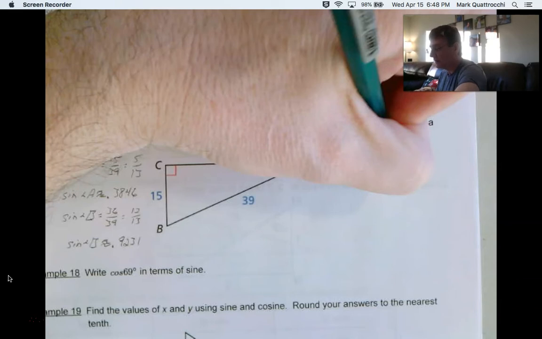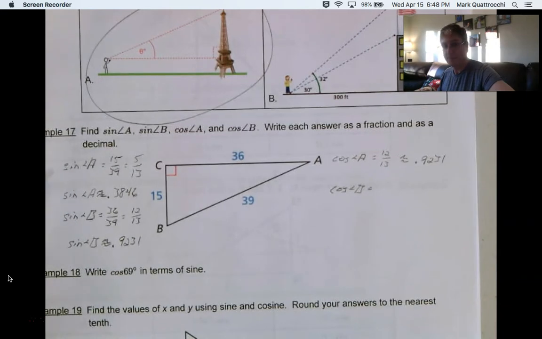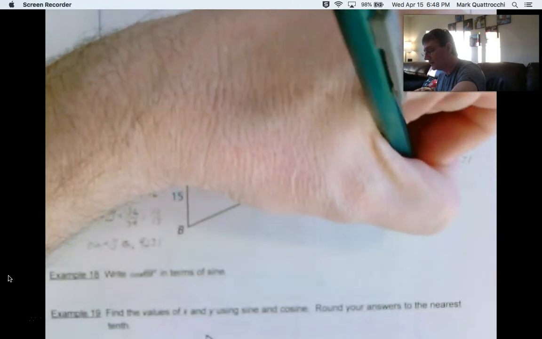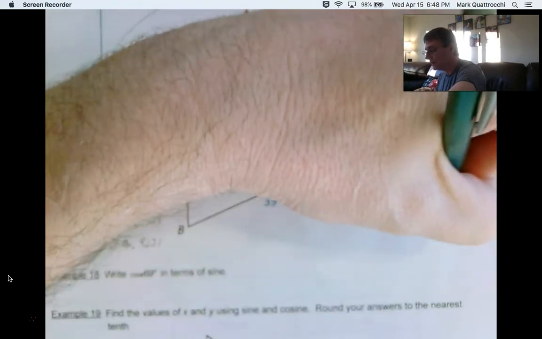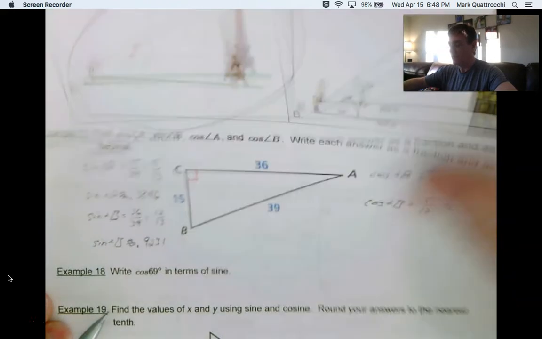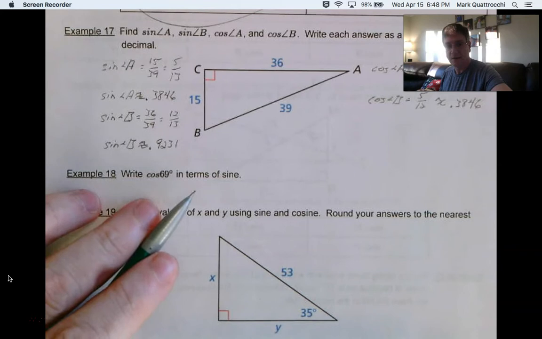Cosine of angle B is equal to the sine of angle A. Again, save time and energy, 5/13, or approximately 0.3846.